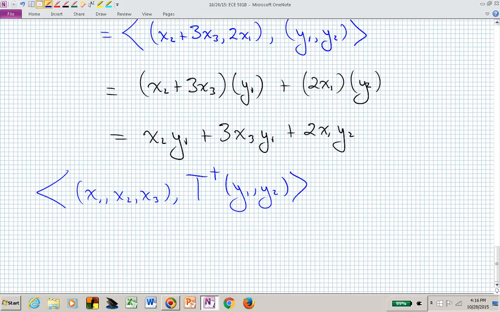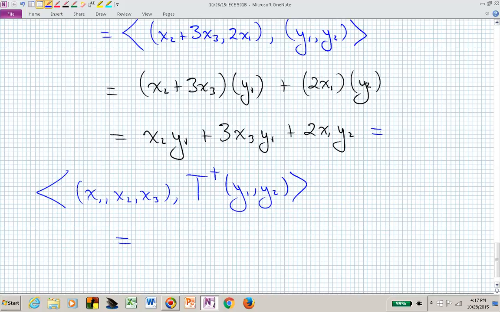And what I want to do now is basically make that equal what I've now written in blue. And what have I written in blue? Well, in blue, this is supposed to be equal to this guy.